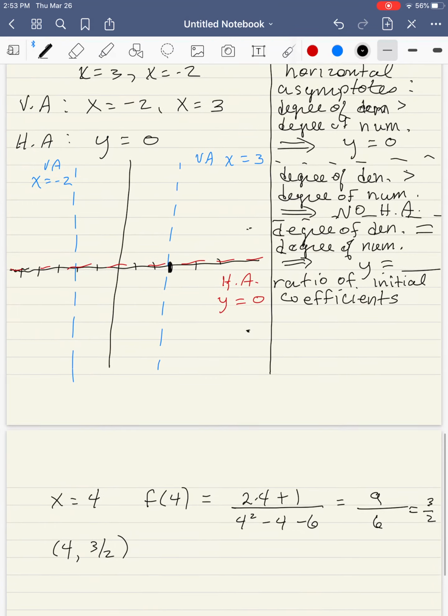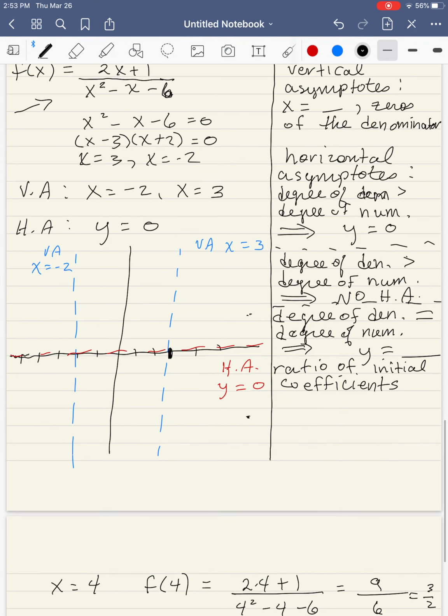If I go back to the graph and plot the point, this is 3/2, this is 4, I have the ordered pair right here, the point on the graph. So that tells me that my curve will be up there in that piece of the graph.